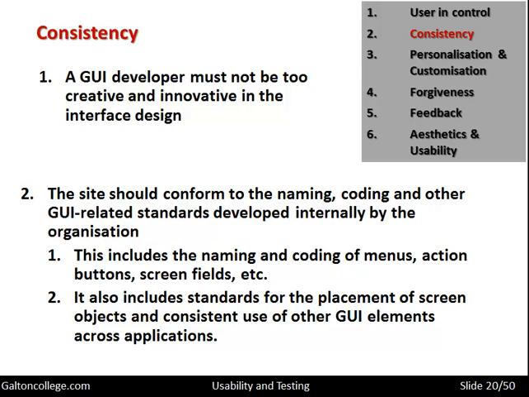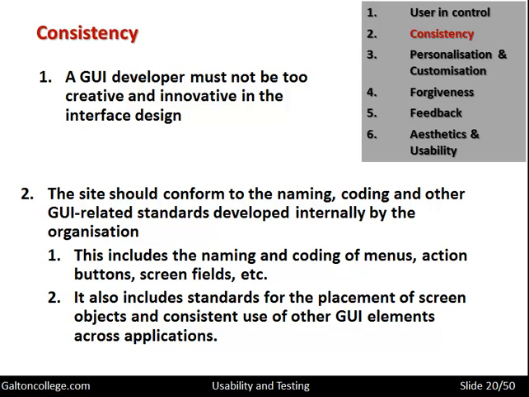It may complicate the design. It may lead to the user becoming confused about what is required, what link goes where, or what they need to do next. So the GUI developer, the graphical user interface, should not be too sophisticated.